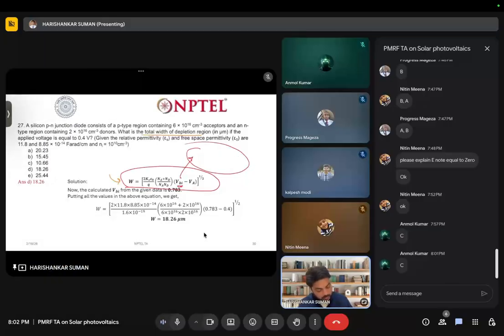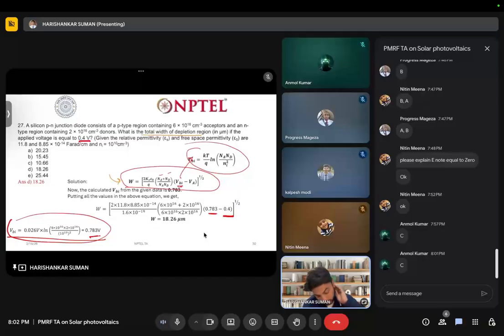First I calculate VBI, I get this number and put it here. The applied voltage is also given, and you put the donor and acceptor concentrations here, and this is the relative permittivity and the permittivity of free space.